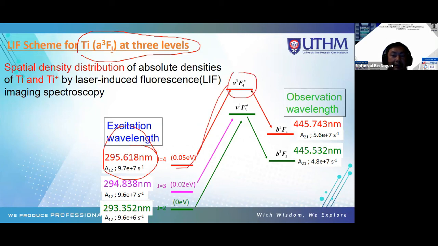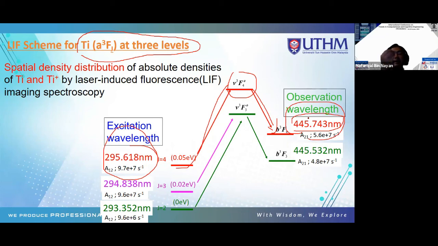It is not stable at this energy level, so it will go down to another level by emitting at this wavelength. This is our excitation wavelength and this is our observation wavelength. We use a laser for the excitation wavelength and a filter to capture at the observation wavelength.